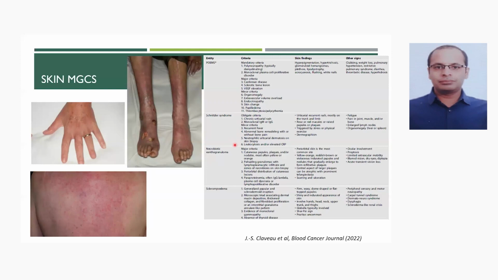Usually, CRP is raised and leukocytosis is there. For scleromyxedema, like this patient, the pattern is that of a generalized sclerodermoid eruption, and there is a triad of dermal mucin deposition, thickened collagen, and fibroblast proliferation. There is mostly evidence of monoclonal gammopathy in such scenarios.